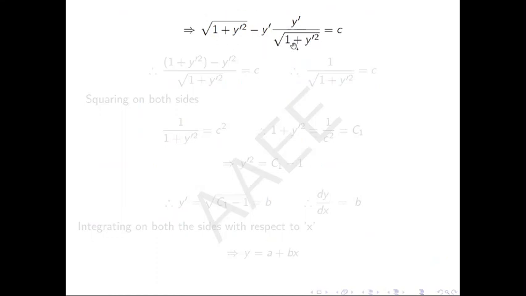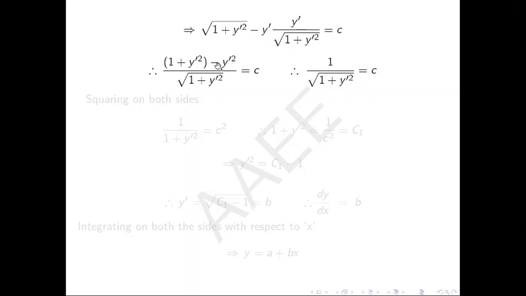So to simplify it, taking LCM under root of 1 plus y dash square, this is under root of 1 plus y dash square into under root of 1 plus y dash square, that one will be 1 plus y dash square, and this one is y dash into y dash, which is y dash square.